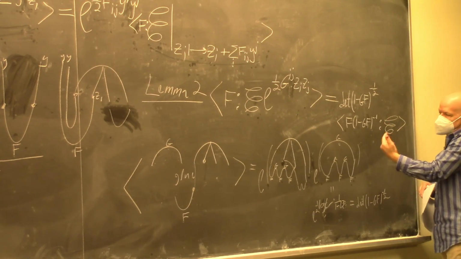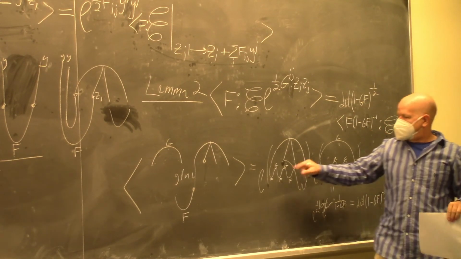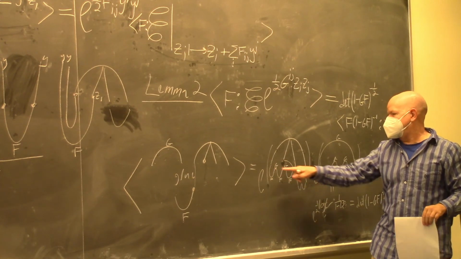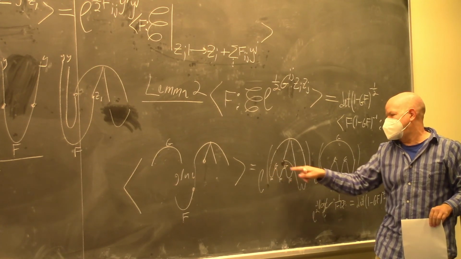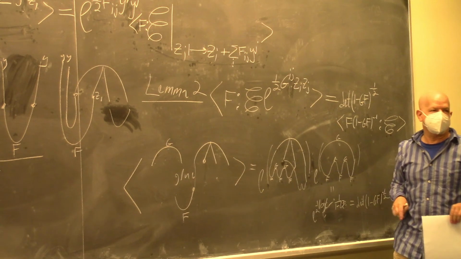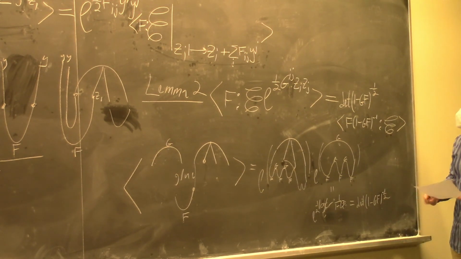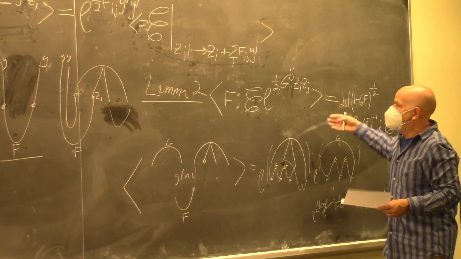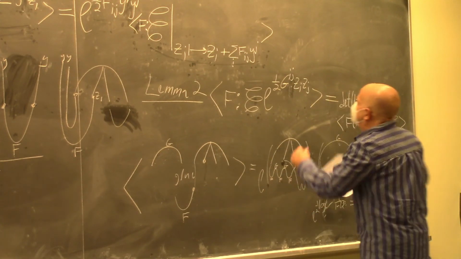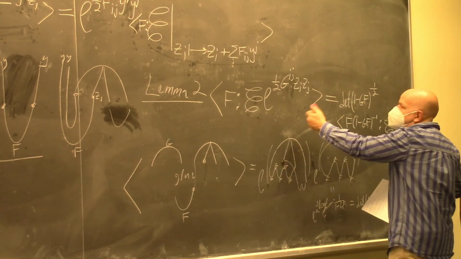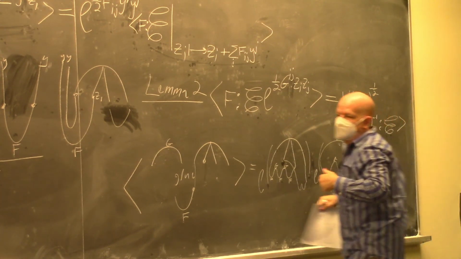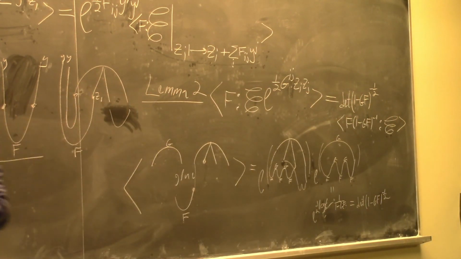Namely, the matrix that you get by looking at all the sums, like all combinations, FG, FG, FG, FG, FG. So this is lemma 2, and again, the pictures prove it, and if you don't believe the pictures, you can reprove it by differentiation, by showing that it solves the same differential equation.